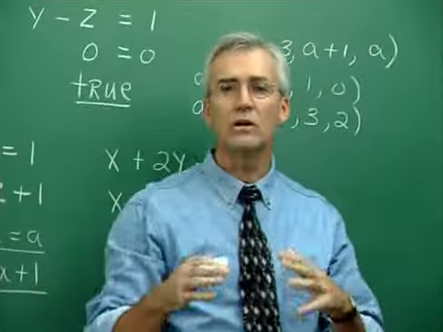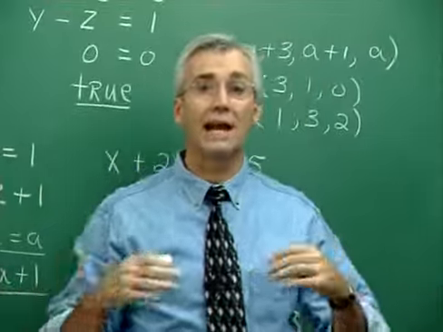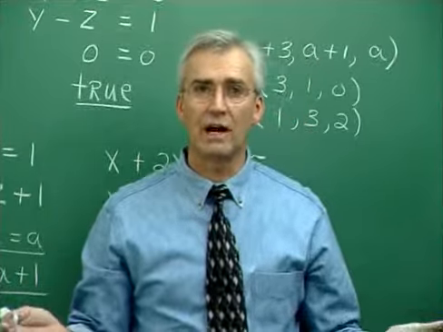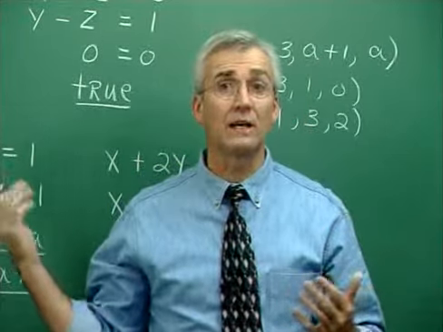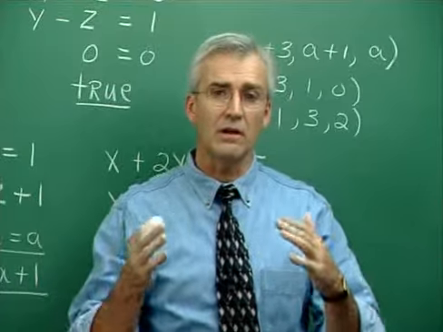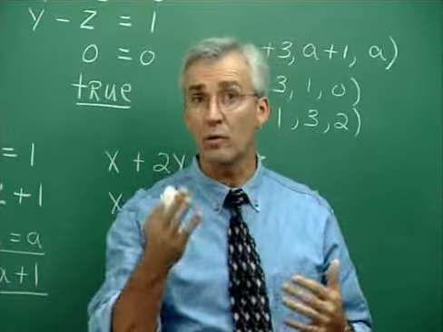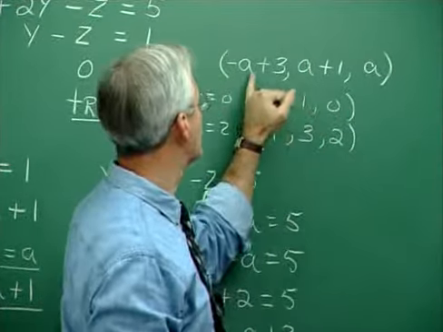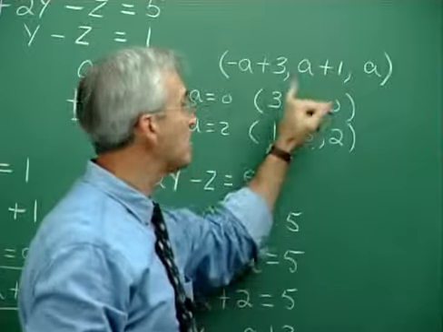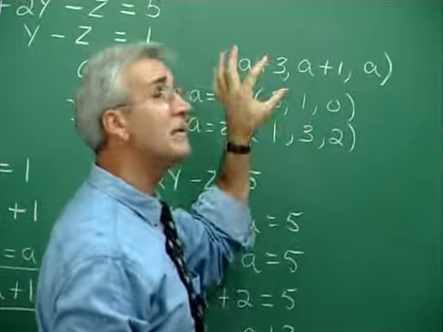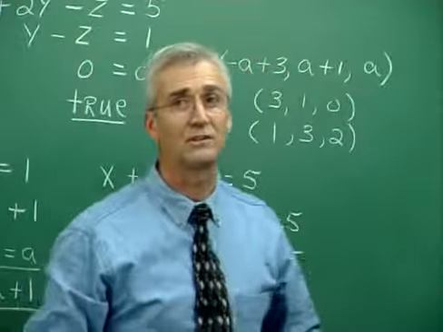And by the way, we could have just let x take on the value a. We could have let y take on the value a. And here we let z take on the value a. But it'll work if a takes on the value of any of the other letters. We would just have a different kind of notation or a different kind of expression for the other items in the ordered triplet. But the set of solutions would be precisely the same, it turns out.